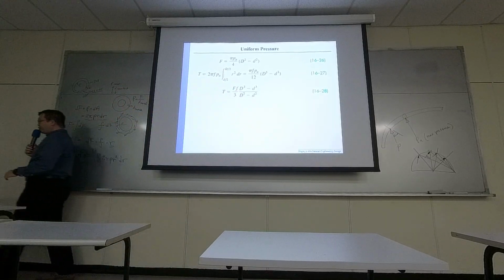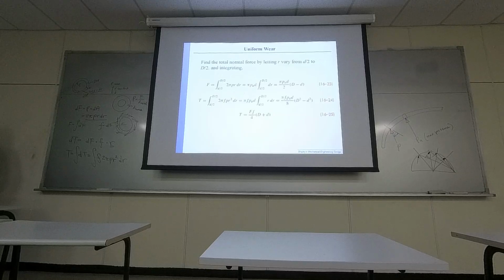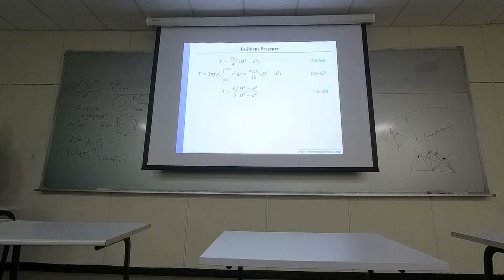So at the end, you found that with uniform wear model, torque is determined in this way. So you are assuming the torque is the same everywhere. But if you treat the pressure is the same everywhere, then the torque is different. Okay, so we can probably only choose one when we are trying to estimate the torque.